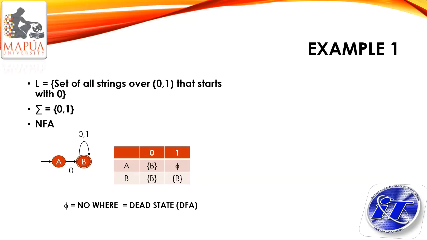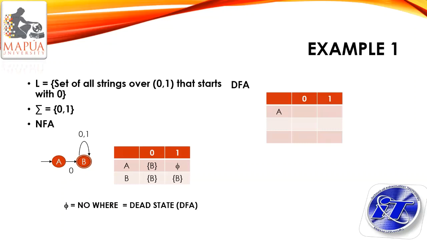After knowing this table, now we're going to convert this NFA to a DFA. From the table of the NFA, now create the table of the DFA. In a DFA, all values should have a path. Don't forget that.